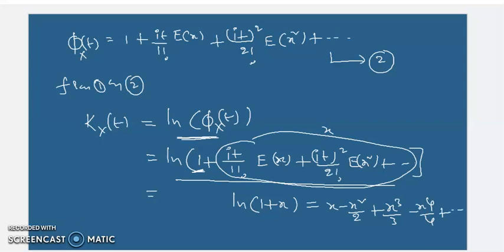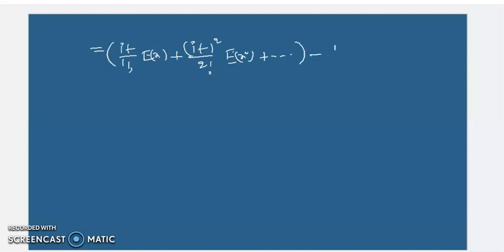So by using this formula, we can write this value as x minus x square by 2, that is, it by 1 factorial into E of X plus (it) whole square by 2 factorial into E of X square plus and so on, minus that whole square by 2.